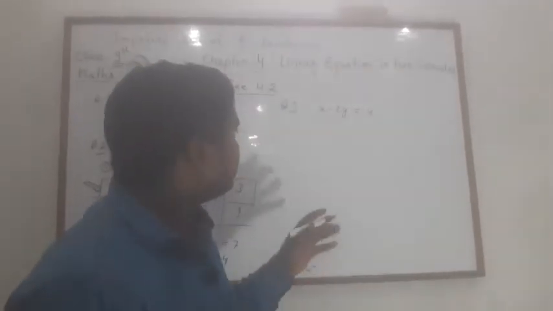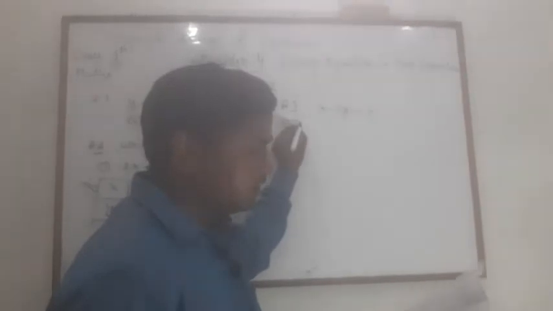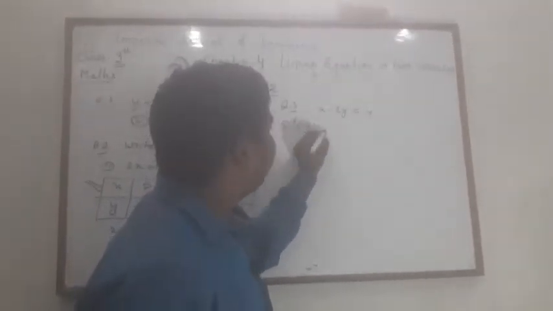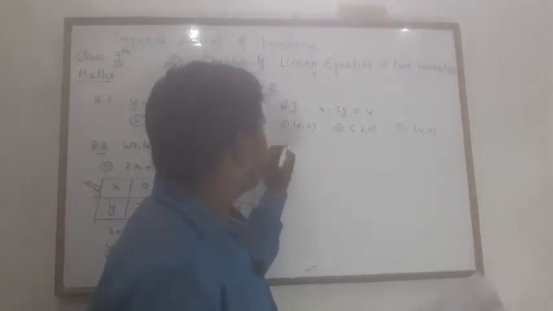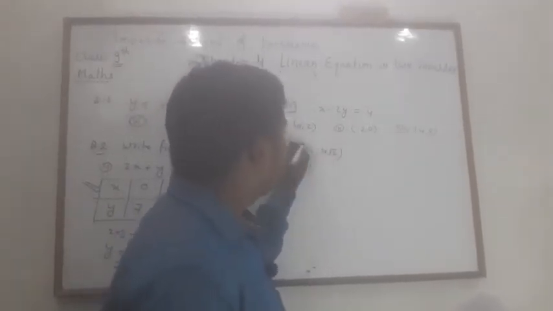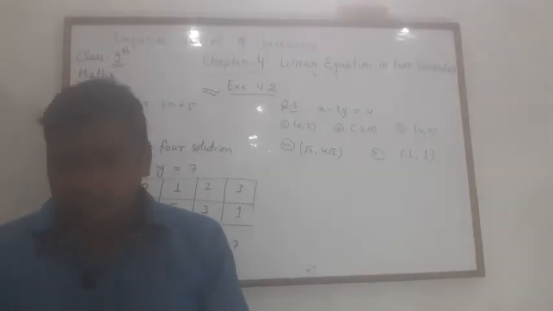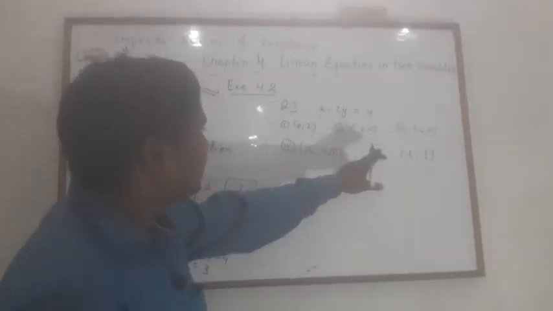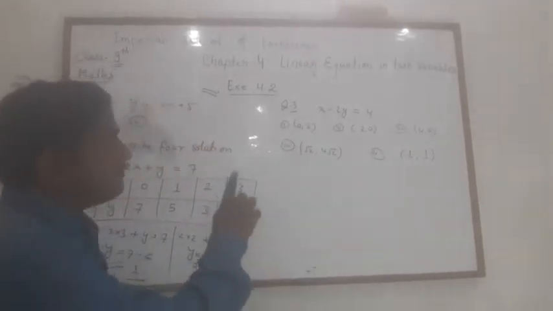Many points are given here: first is (0, 2), second is (2, 0), third is (4, 0), fourth is (root 2, 4 root 2), and fifth is (1, 1). So these are the questions, and here it is asking whether these points are solutions of this equation or not.